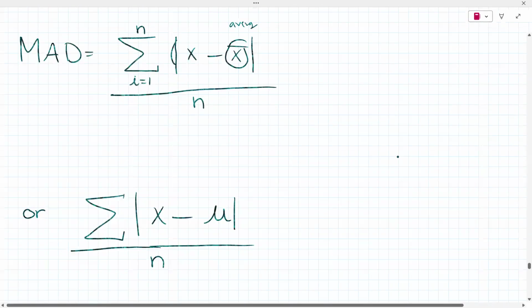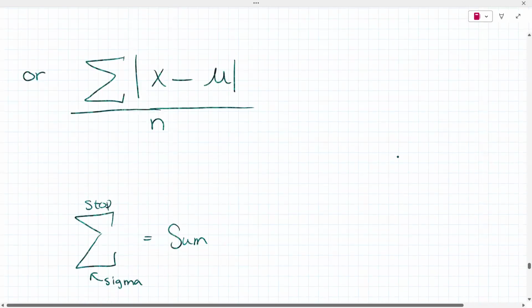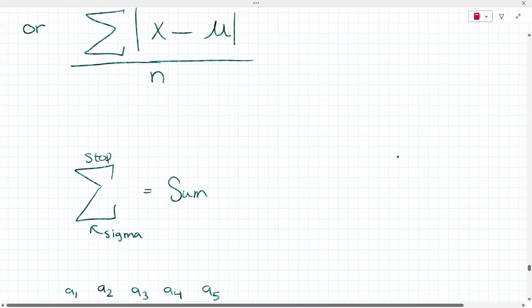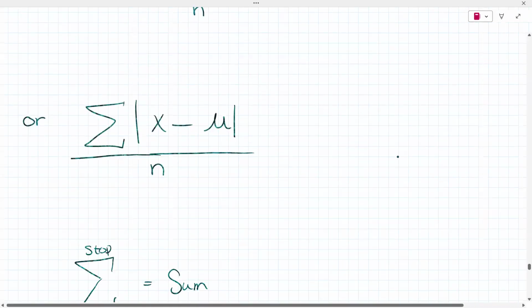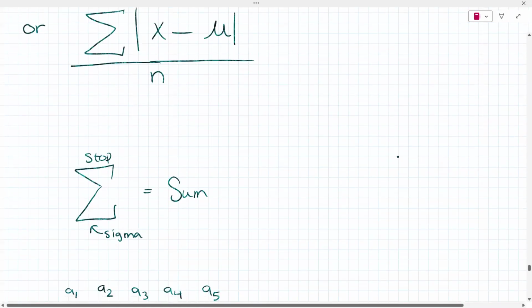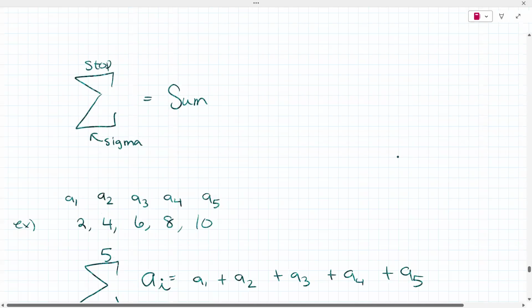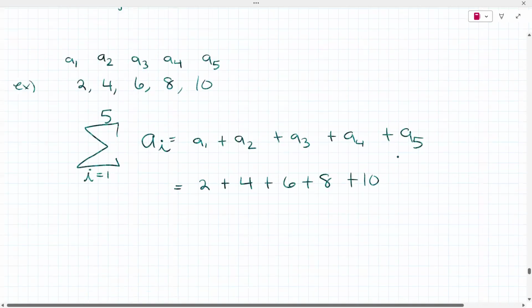You can also express it as the absolute value of x minus mu, where mu means average, all over the total amount of numbers. And the summation means sum. You've probably seen this before, sigma, sum.